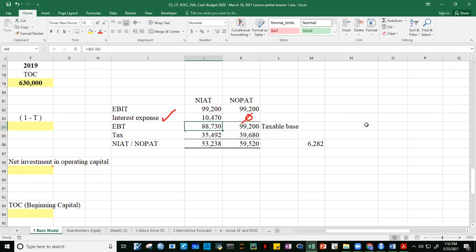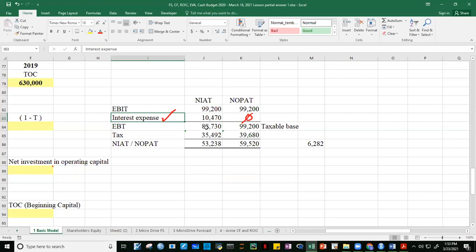So what happened was, the tax of net income after tax, of NIAT, was smaller. Okay? Now, this is a good time to tell you guys that there is a benefit to borrowing. Because this interest expense is generated by borrowing. Right? So when you borrow, you generate interest expense, and interest expense is tax deductible. So we subtract it first before we compute the taxable base.